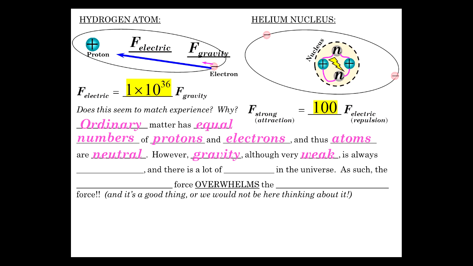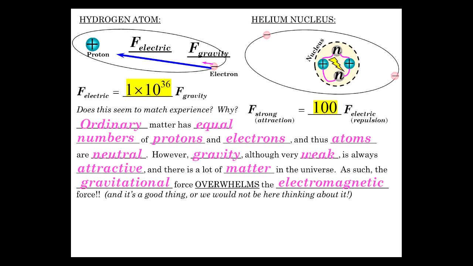Now gravity, it's very weak, extraordinarily weak in comparison to these others, but it's always attractive. So all the material in the universe is collectively trying to attract itself. It's actually matter and energy. But in any case, there's a whole lot of it in the universe, and it just is all positive, so it's all attractive. It just builds and builds and builds. So the gravitational force eventually overwhelms the electromagnetic force in terms of the large scales of the universe.